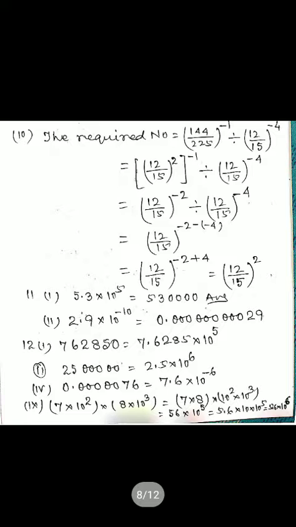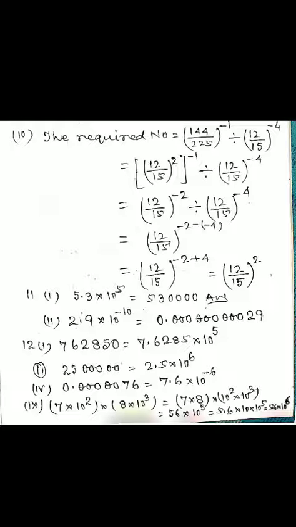Question number 10. By what number should 144 by 225 raised to the power minus 1 be divided so that the quotient may be equal to 12 by 15 raised to the power minus 4?